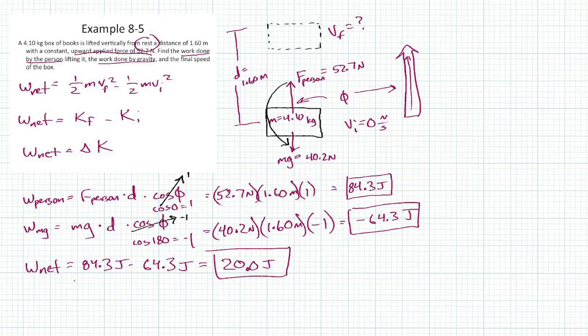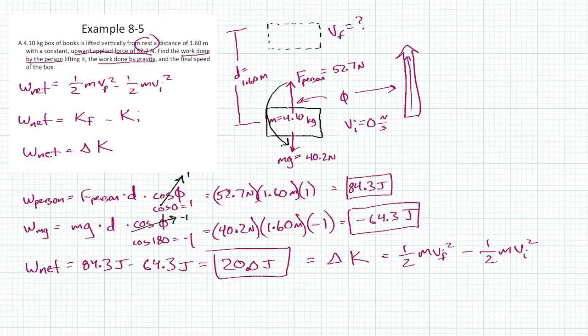So that means that the net work is going to be equal to the change in kinetic energy, or really 1/2 mv final squared minus 1/2 mv initial squared, right?